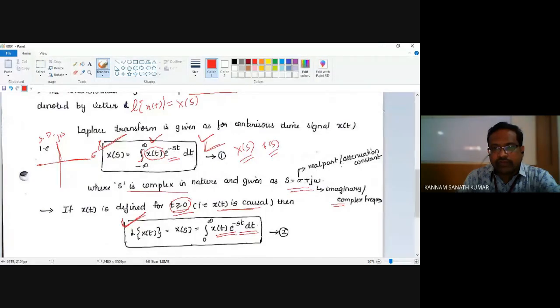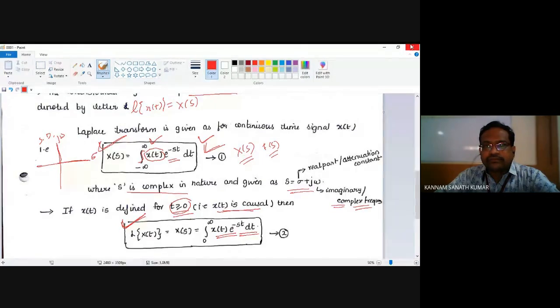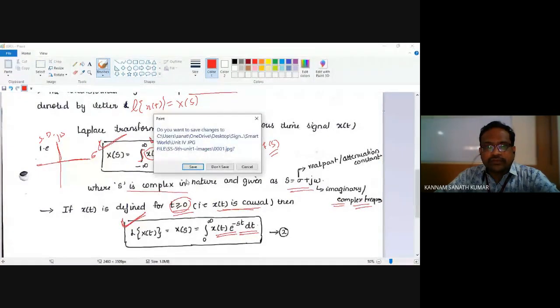Sigma is the real part or attenuation constant, and omega is the imaginary part or complex frequency. Is it okay? Students, please respond. Yes, sir.